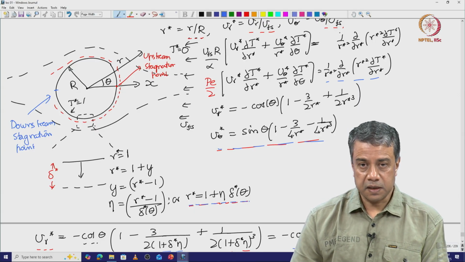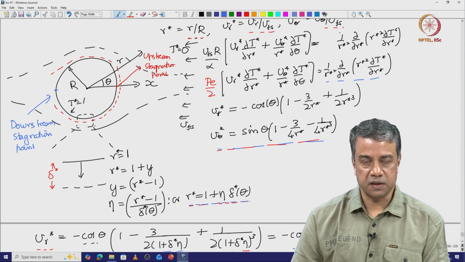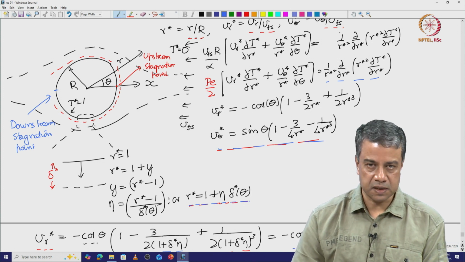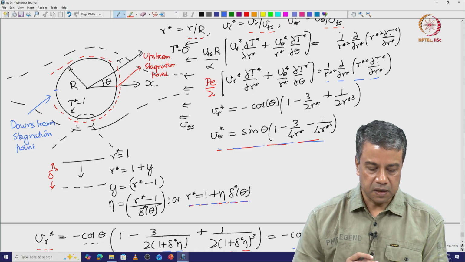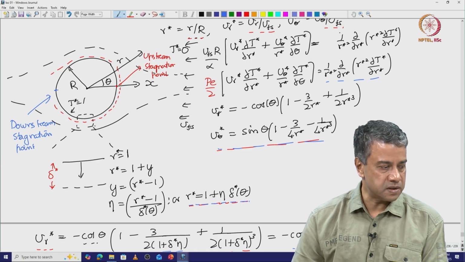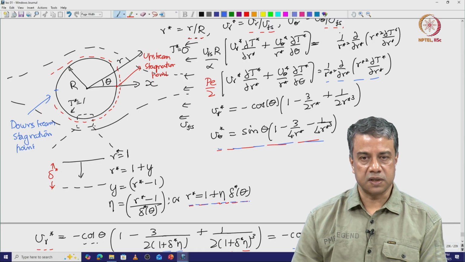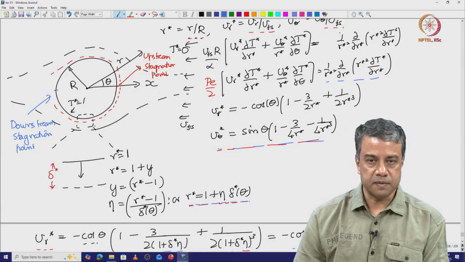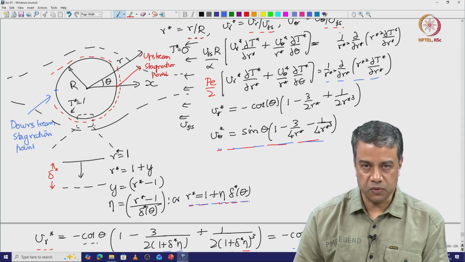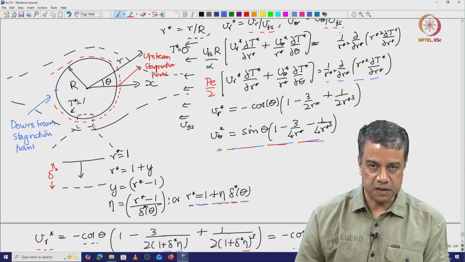At the upstream stagnation point, the flow is incident on the sphere. As I told you in the last couple of lectures, the flow near the upstream stagnation point resembles the stagnation point flow very close to the surface.